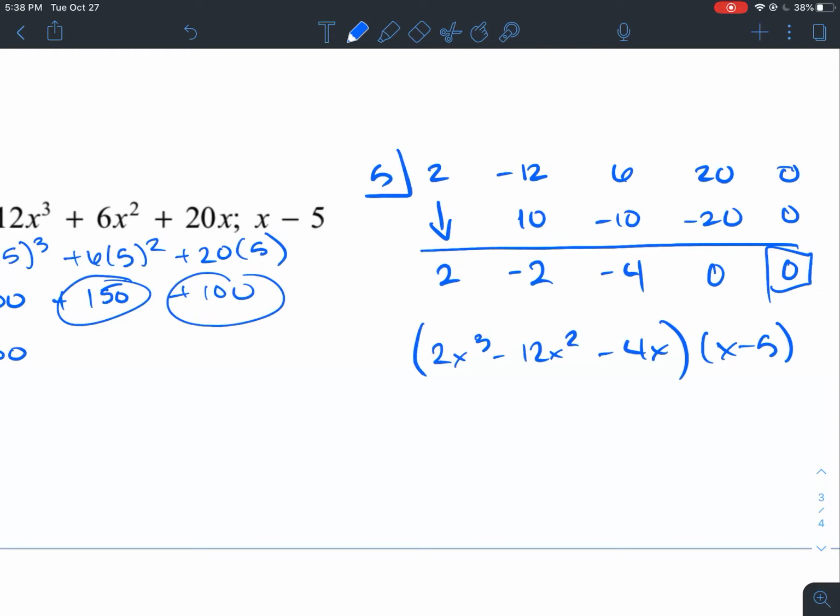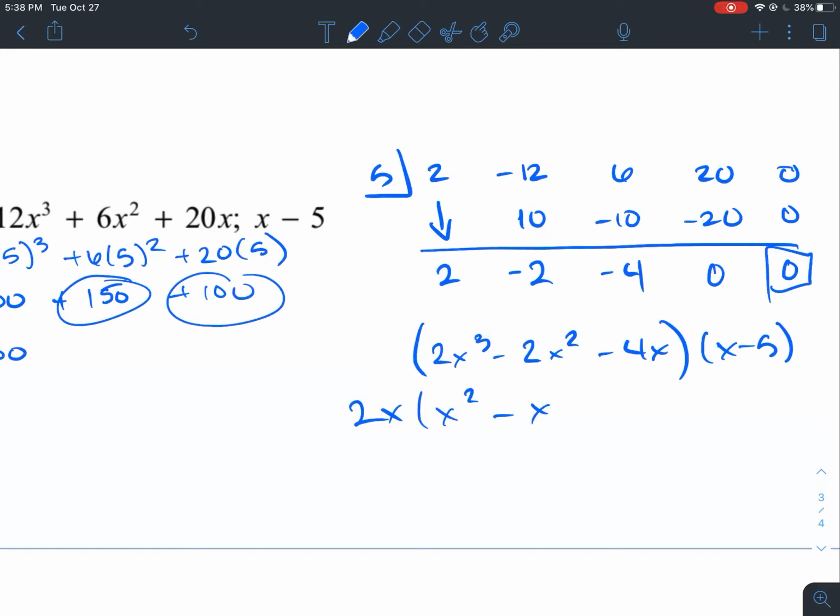I can factor out an x. I can factor out a 2x actually. So if I take out 2x, then I have x squared minus, oh sorry, that's not 12x, that's 2x, sorry. So 2x, so minus x, and then minus 4 times x minus 5.